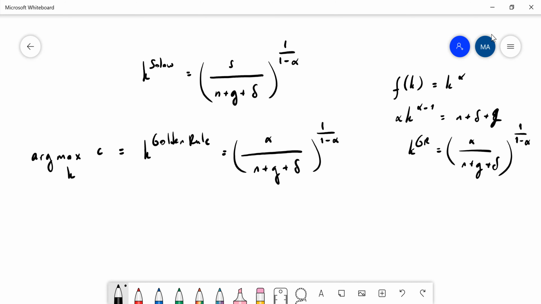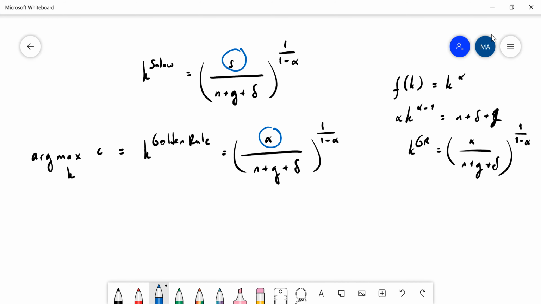Now, as you see, the only terms that differ between these two states are there, all right? So what do we know? Well, we know that if steady state capital stock is equal to the K golden rule, we at least know that consumption at the steady state is maximized, right?